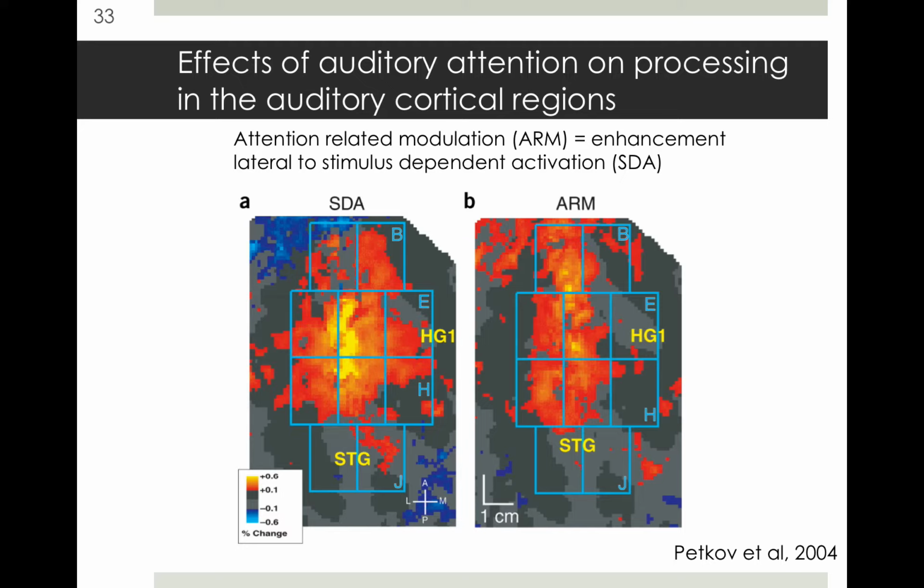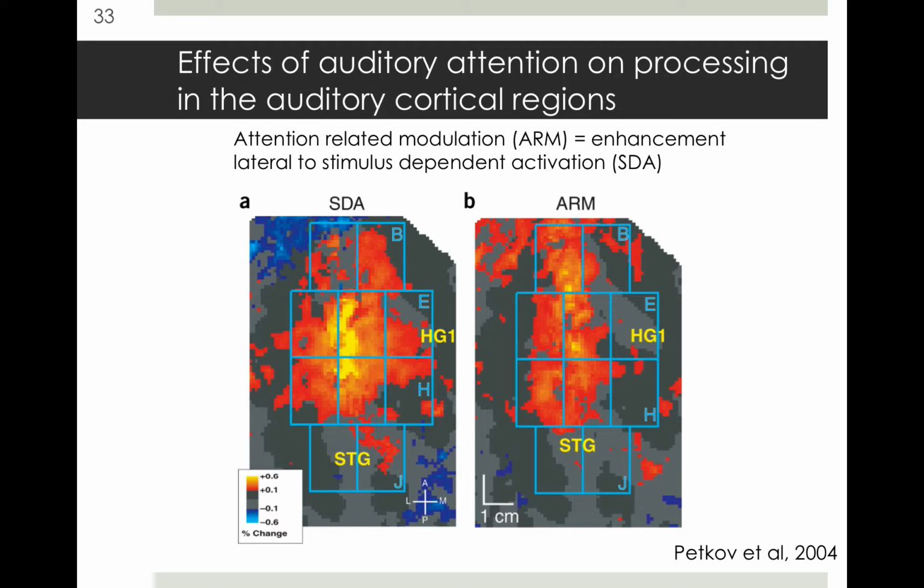And compare that to additional attention-related modulation, or ARM, which is an enhancement that turns out to be lateral to the stimulus-dependent activity. So even within the auditory cortex, but slightly lateral to the areas that are primarily driven by the stimulus itself, you do see a modulation that is due to attention.